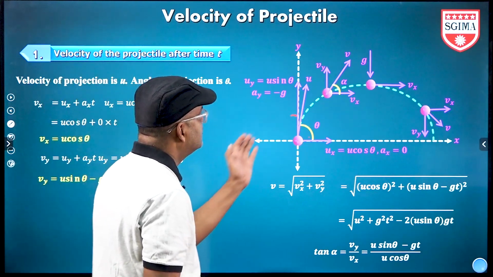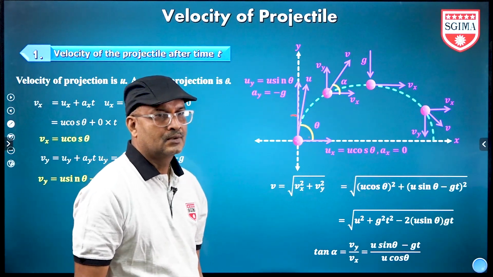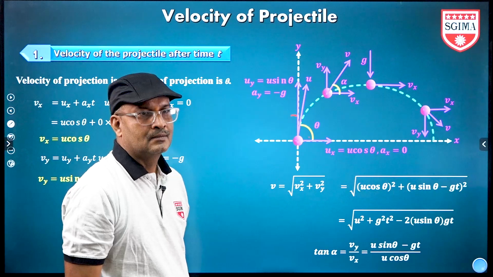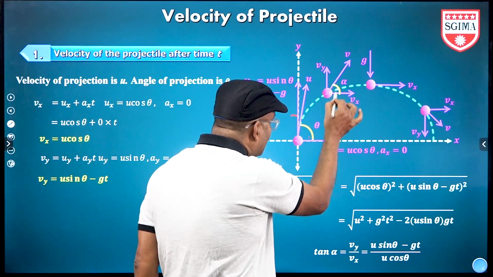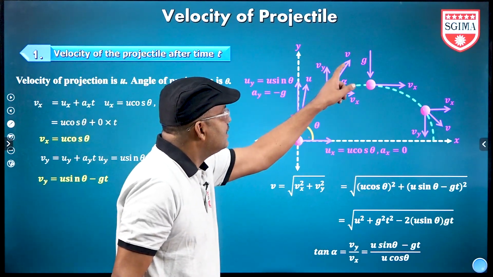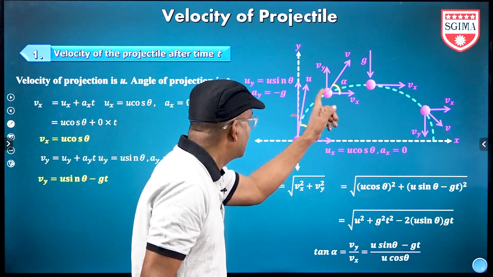Now, after t seconds, the body reaches this point. There its velocity is v, making an angle alpha with the horizontal. This v has two components, Vx and Vy.